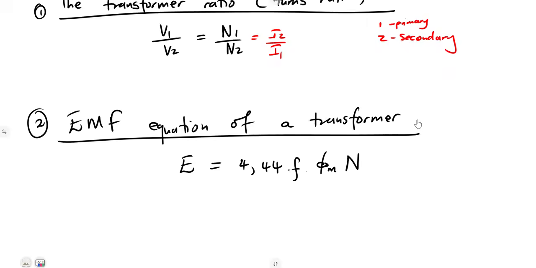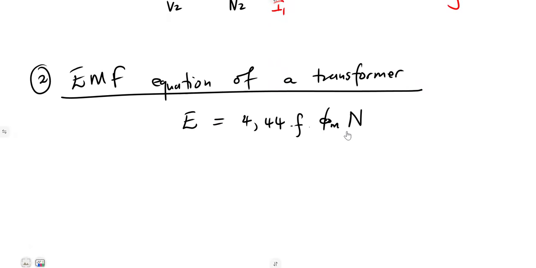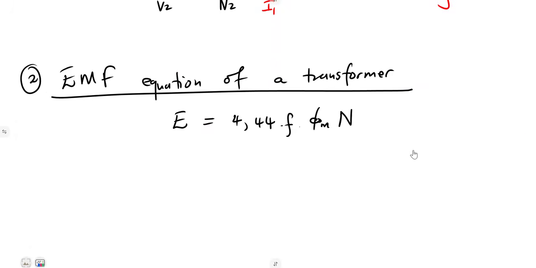Remember the flux, guys. We dealt with this before from our Electrotechnology N3. So if this is E1, this is going to be N1. If this is E2, this is going to be N2. This is the consideration of the formula. The frequency f is our frequency in hertz.